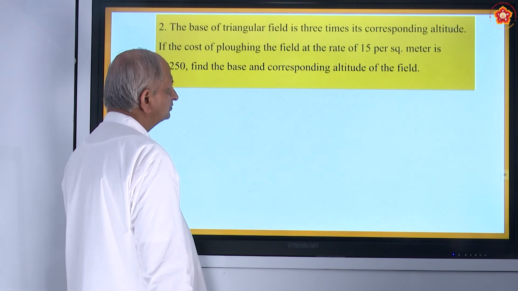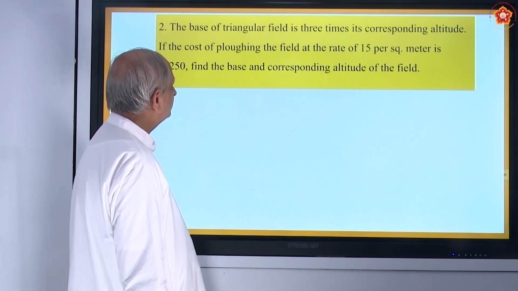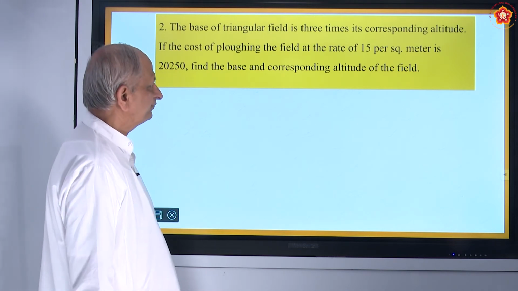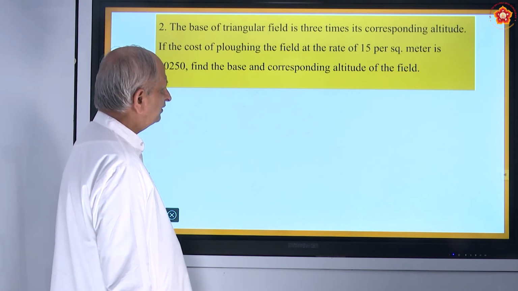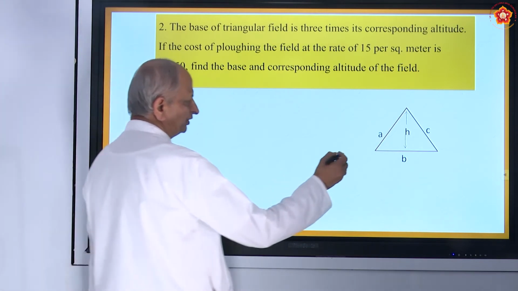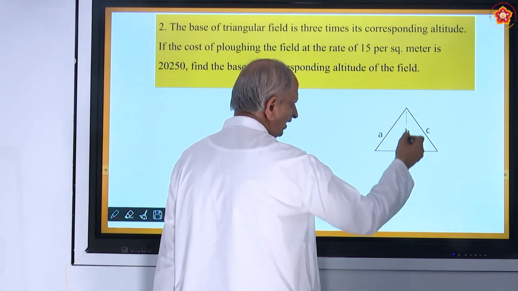And one more problem. This is about a triangular field. Here you have just seen the formula. This is called the base, this is called the height.